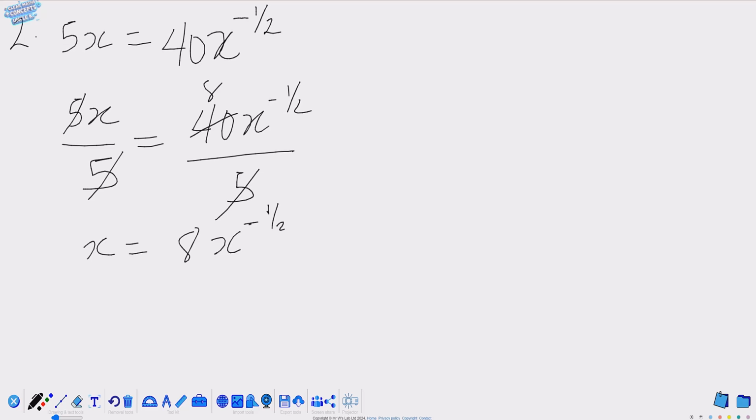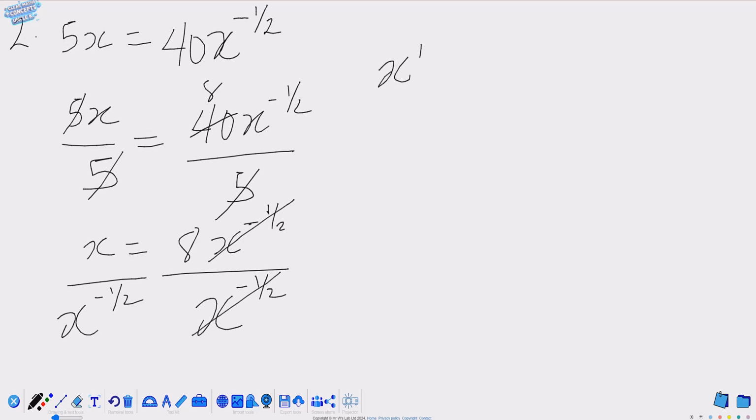How can we bring all the x to one place? Okay, let's divide both sides by x raised power 1/2. So it means this can cancel this out. So you have 8 on one side, right? So you have x power 1, x raised power -1/2 equals 8, right? So you just combine both x with indices using the laws of indices.